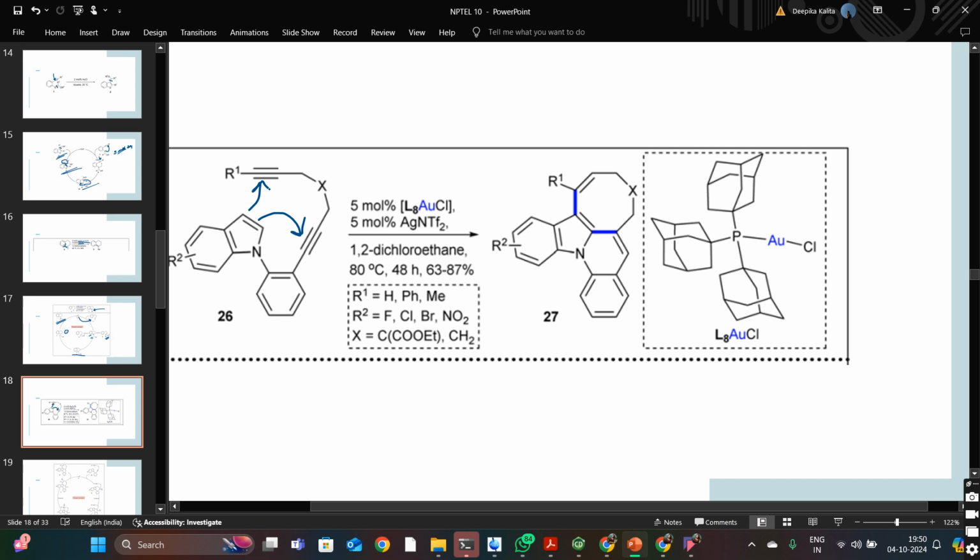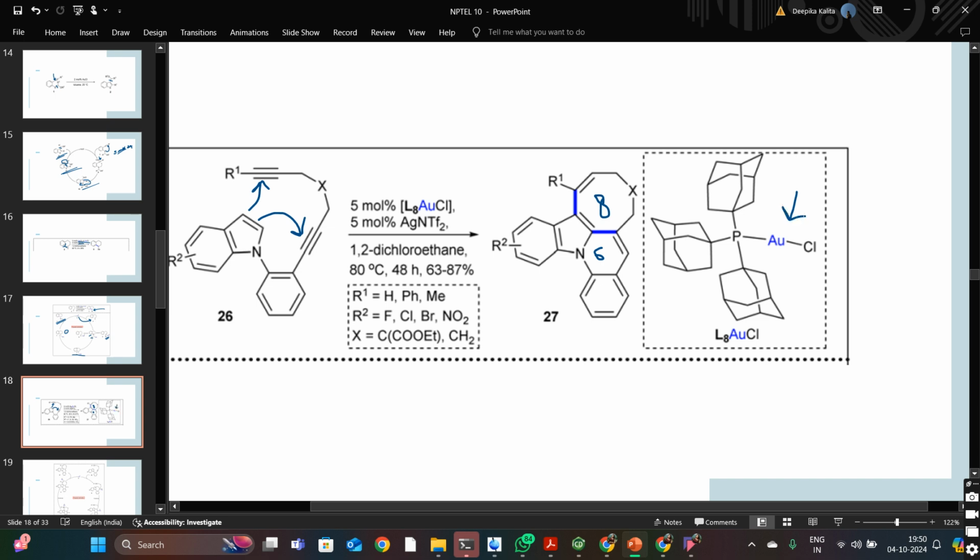Okay, and at the end we are going to form a 6-membered ring versus an 8-membered heterocyclic ring. Okay, and this reaction is going to be catalyzed by our gold catalyst given.